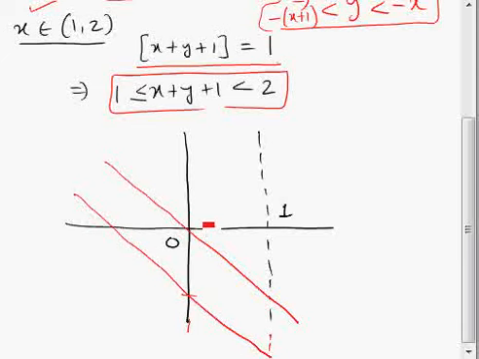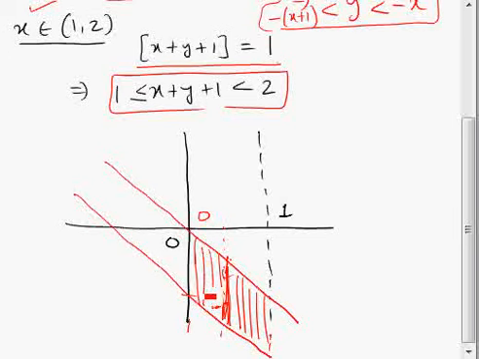Between 0 and 1, y can take values at every value of x. You see that at every value of x, y lies between this and this, greater than minus of x plus 1 and less than minus x. So for this particular value of x, y can take these values. Similarly for all these values of x, y can take values between the two curves. So this inequality is representing this area on the graph.